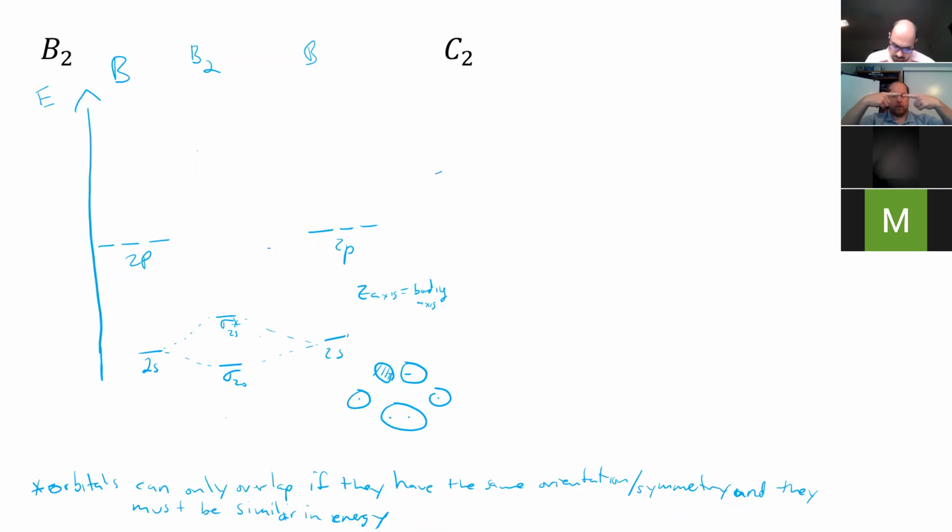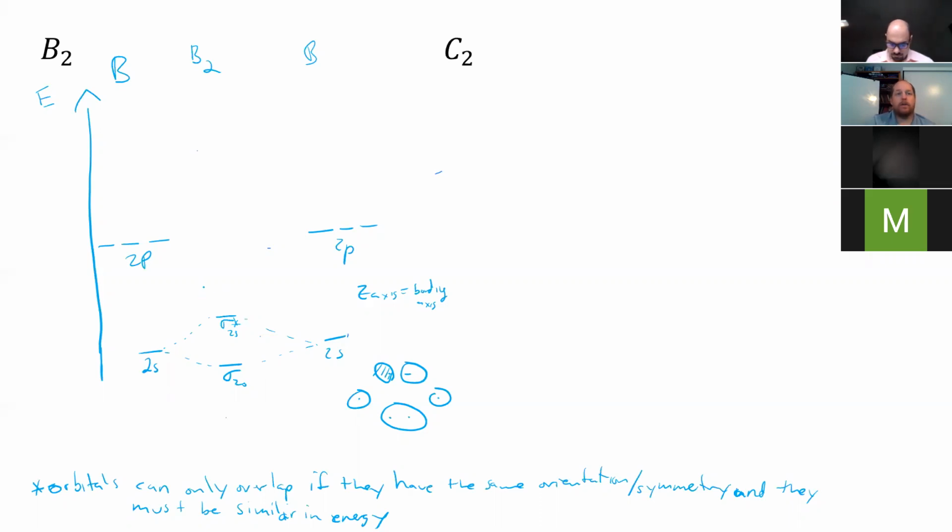So the pz orbitals are pointing at each other. The px and py are perpendicular to that. The px, let's say, is coming in and out of the screen at you. The py would be in the plane of the screen. But they're all perpendicular to the z orbitals.